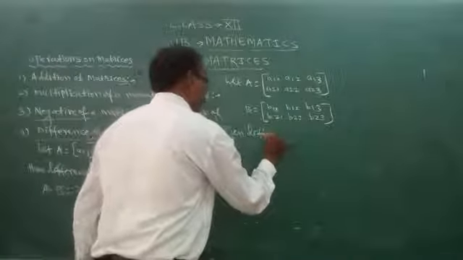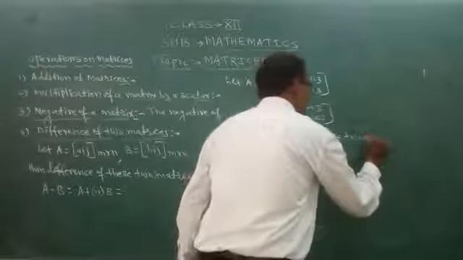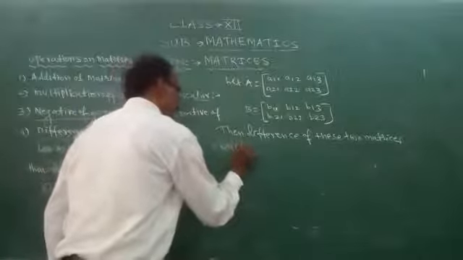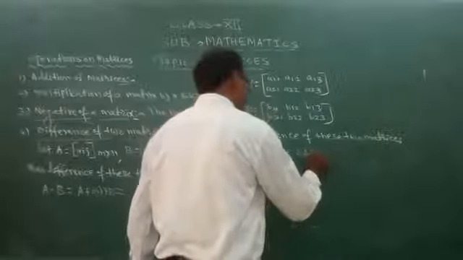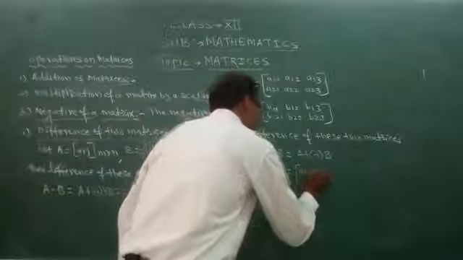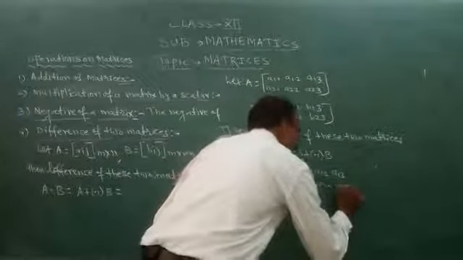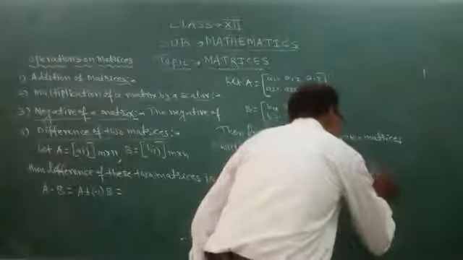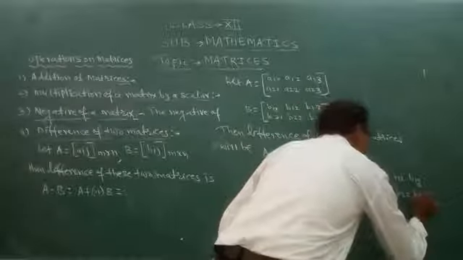Okay, then the difference of these two matrices will be A minus B, that is A plus the negative of the matrix B. So A is A11, A12, A13, A21, A22, A23 plus -1 times the matrix B, B11, B12, B13, B21, B22, B23.